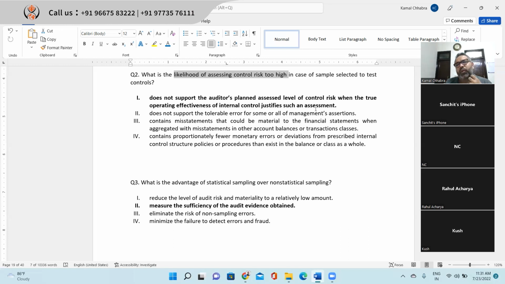So it's talking about value, not the attribute, right? Right. When we are testing the control, we are testing attribute, not the value. So the second one is ruled out. What about the third one? That's also the value only because it's talking about the misstatement in the financial statement. Right. What is the fourth one?